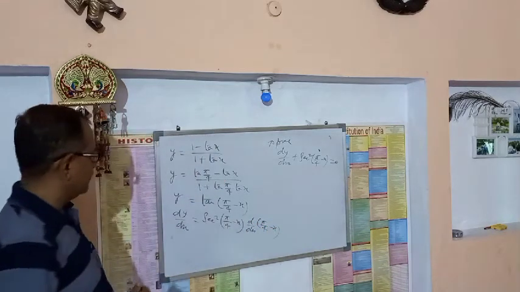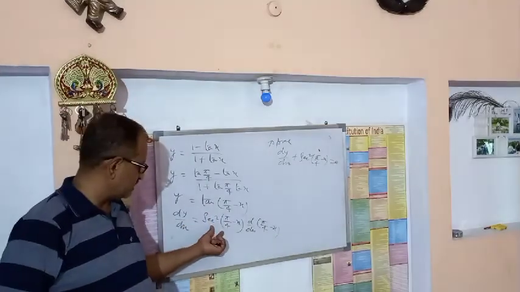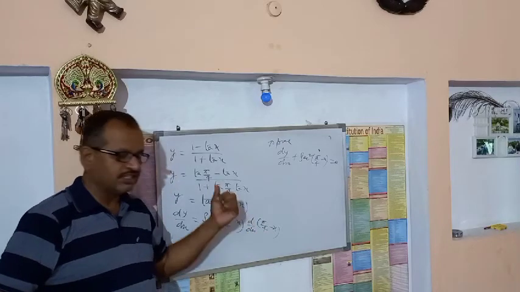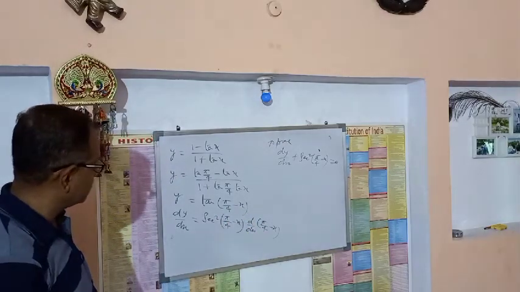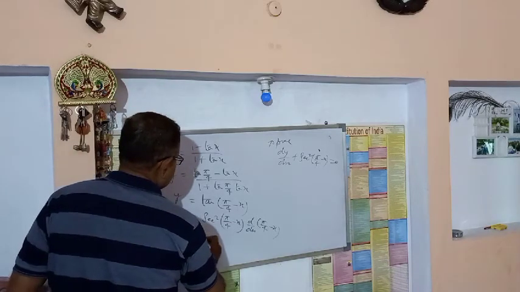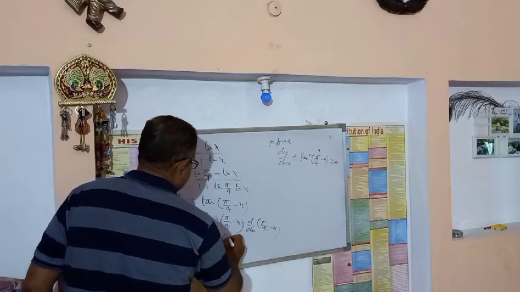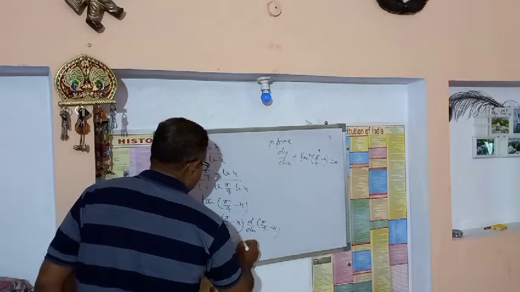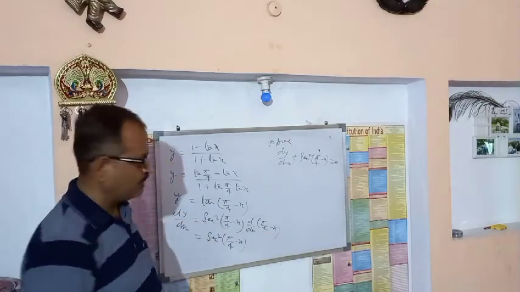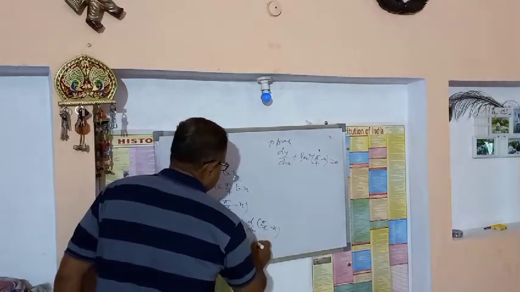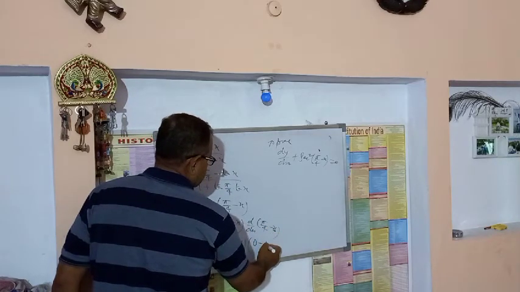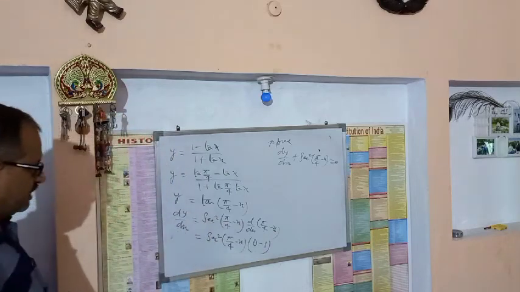Differentiate pi by 4 minus x. Pi by 4 is constant. Its differentiation is 0. Minus differentiation of x is 1.